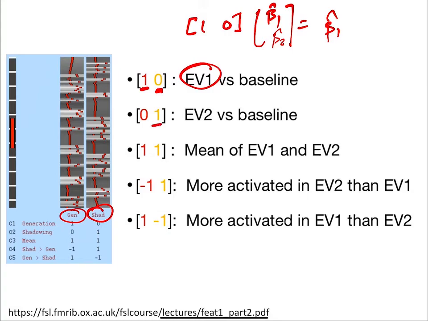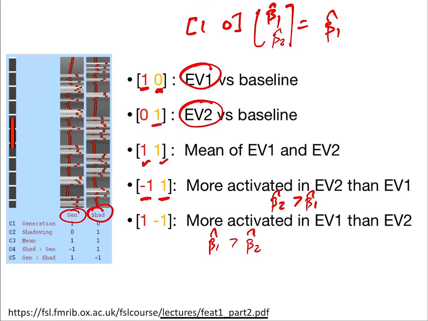If the 1 is in the second place, that's going to pick out the second variable. If I have 1 and 1, that's going to add the two together and ask, is the mean of my two responses greater than 0? In this case, I've got minus 1 and 1, so that's saying, is this minus this greater than 0? So is beta 2 hat greater than beta 1 hat? And this other one would be, is beta 1 hat greater than beta 2 hat?